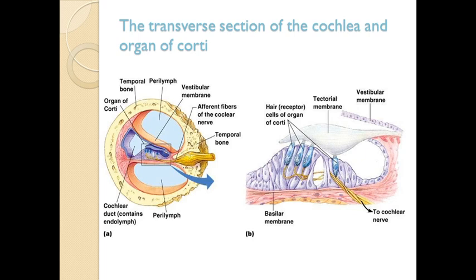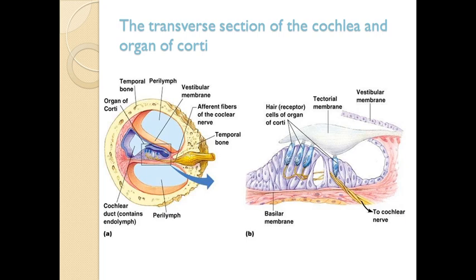This tectorial membrane is very important because these sensory hair cells have hairs on them, and these hairs are slightly in contact with the tectorial membrane. This contact is very important when it comes to creating a nerve impulse. We will be talking about it later in the physiology of hearing.